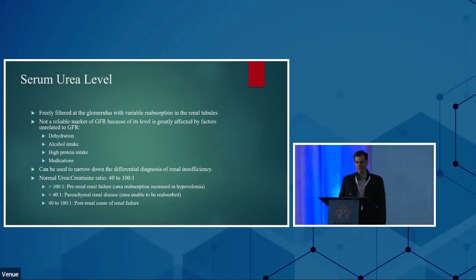Serum urea level by itself is not a very reliable method for estimation of renal function because its level is greatly affected by non-GFR related factors, namely dehydration, alcohol intake, high protein diet, and medications. But if we use it with serum creatinine level, we can narrow down the differential diagnosis between pre-renal, parenchymal renal disease and post-renal causes, depending on the urea to creatinine ratio in the serum.